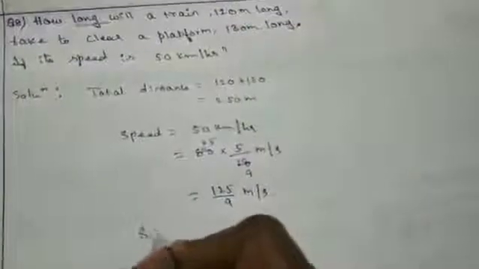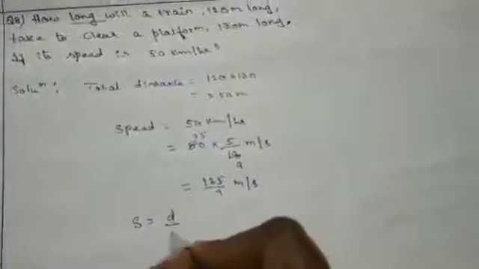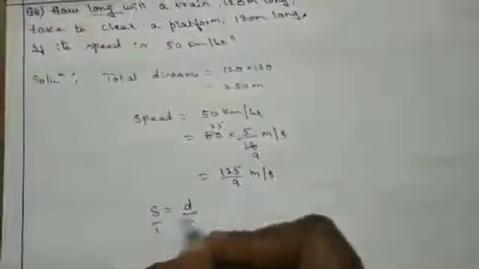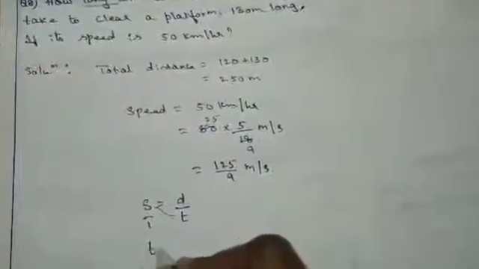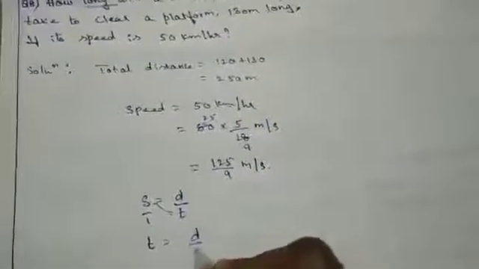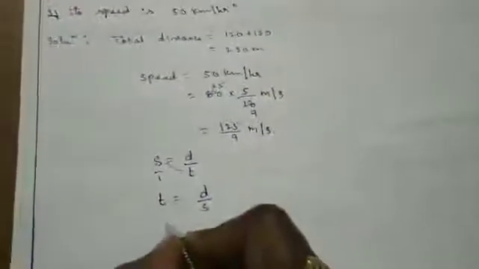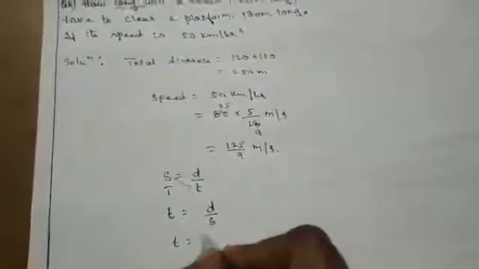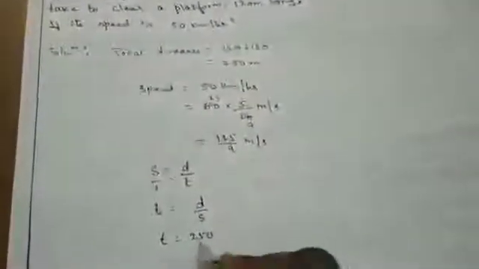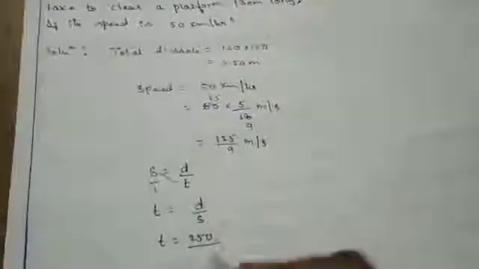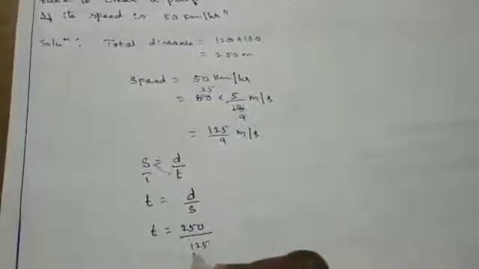Then speed is equal to distance by time. Then here he is asking us to find the time taken. So I'll cross multiply. Then t is equal to distance by speed. Then t is equal to, the distance is 250, you have to take total distance, children, divided by speed, which is 125 by 9.